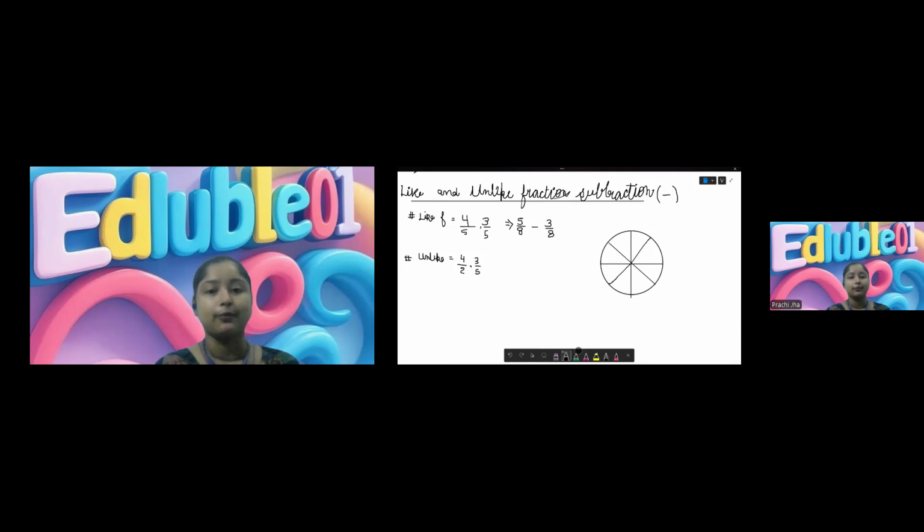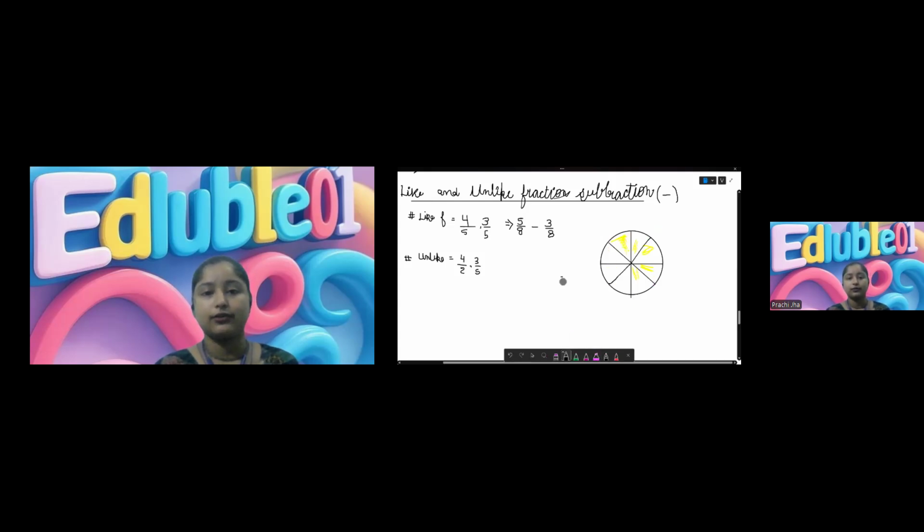Now we represent 5 over 8. I'm using yellow to show the fraction 5 over 8: 1, 2, 3, 4, 5. Now let me use a different color to represent 3 over 8.